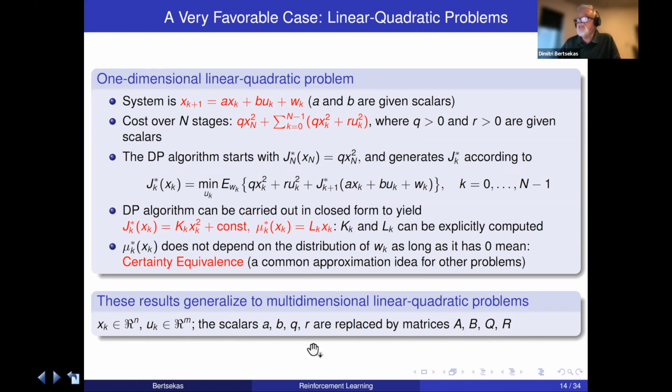Okay, and the same type of calculation goes through, except that we need to use linear algebra to do the derivation. In this lecture, I'm going to be focusing on the one-dimensional problem, and I'm going to give you the derivation in the next slide.